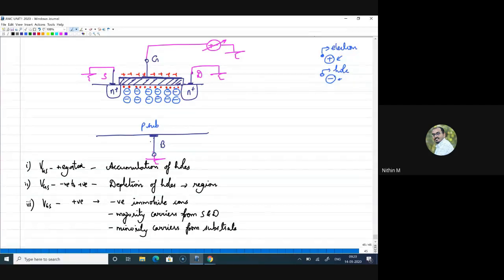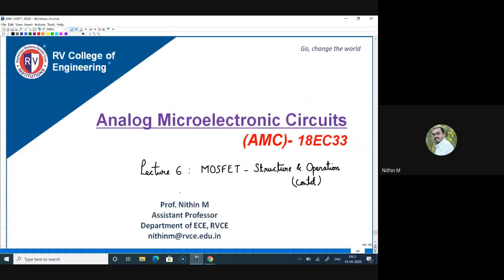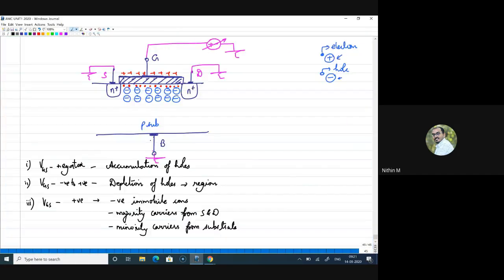Right? So if you just pause for a while and think about what we discussed: you have a 3-terminal device, and we are interested to know how the current flowing between two terminals is controlled by another terminal. But for that, initially we should have a current, but we do not have any current here in the structure, because the current we are expecting is between source and drain, but those terminals are not connected.